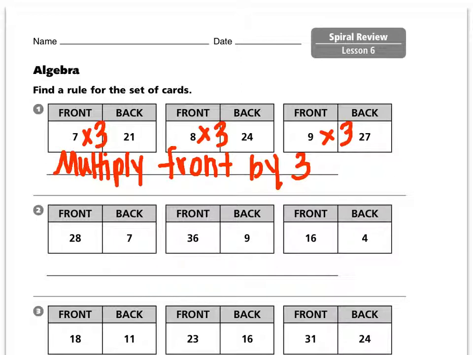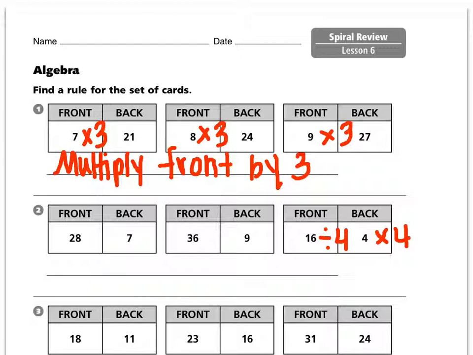I'm going to think, what can go into 16 and get you 4, or what times 4 could get you 16? So I know that 4 times 4 equals 16, or I know that 16 divided by 4 would equal 4. Let's do the same thing for number 9.